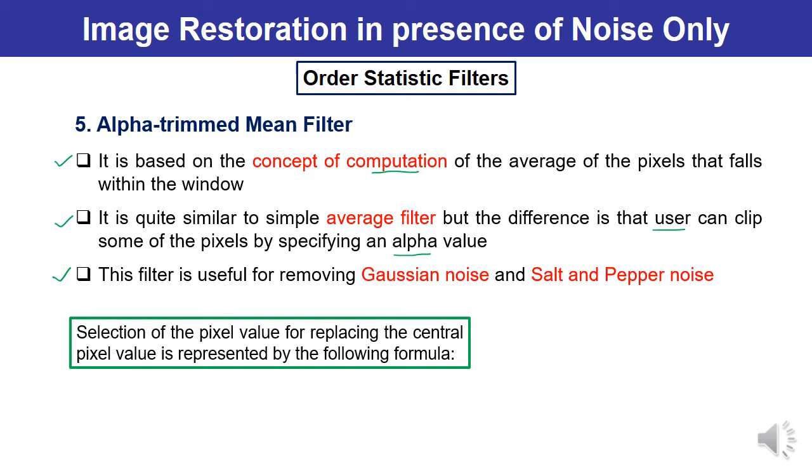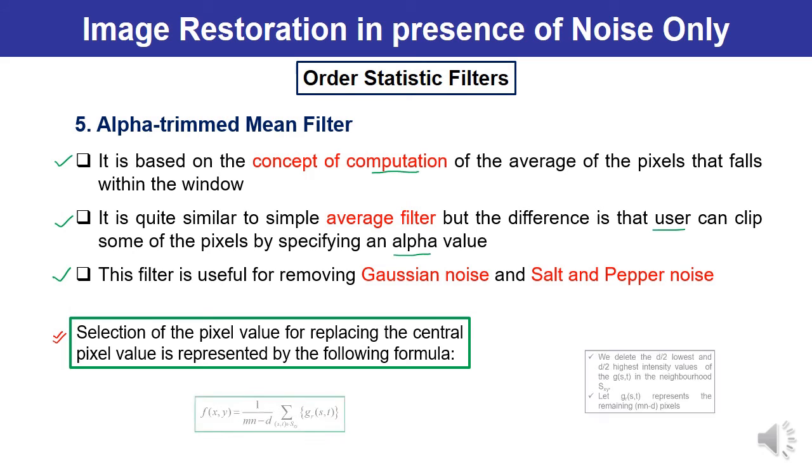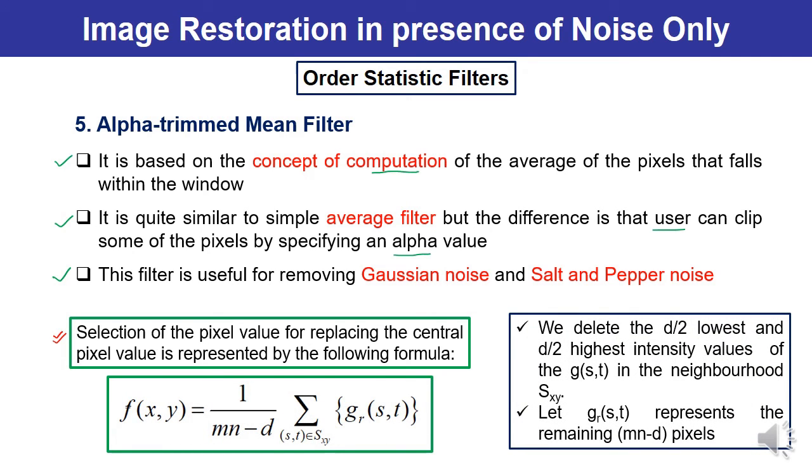The selection of the pixel value for replacing the center pixel value is represented by the following formula. f(x,y) is 1 upon mn minus d, summation of g_r(s,t).